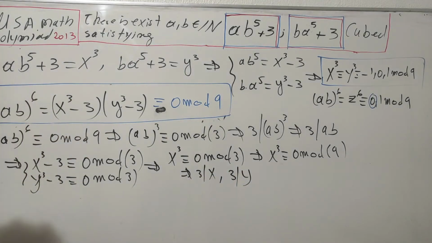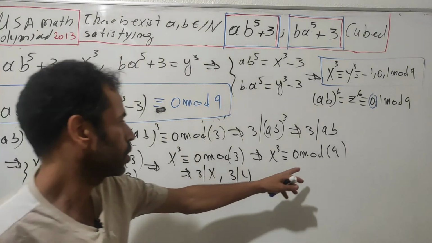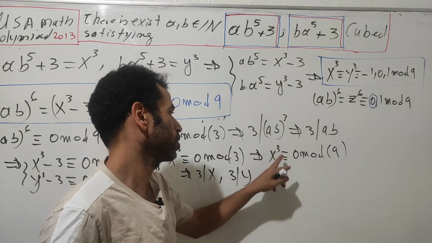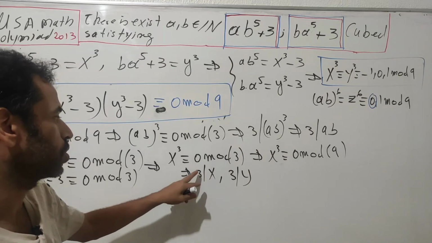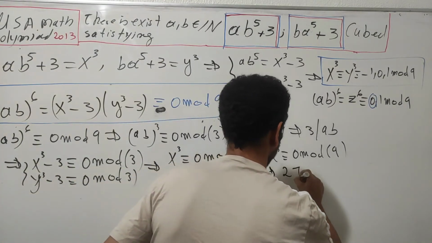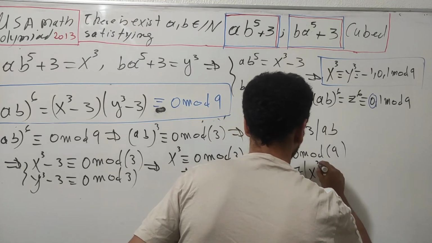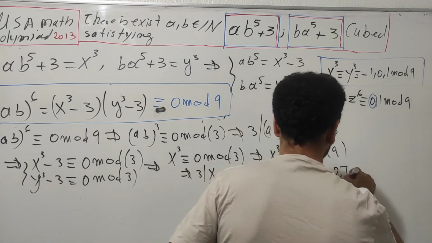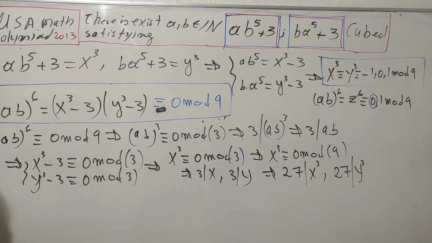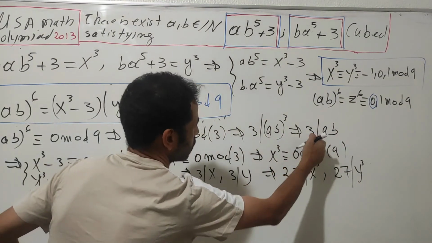Also 27 divides x cubed, because if 3 divides x, then 27 divides x cubed. So 27 divides x cubed and 27 divides y cubed. We get here that 3 divides ab.